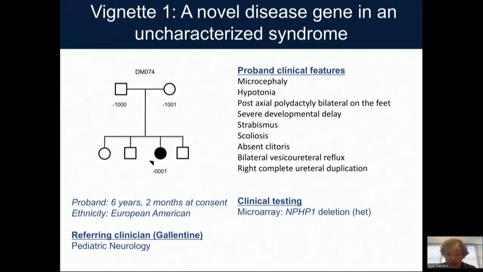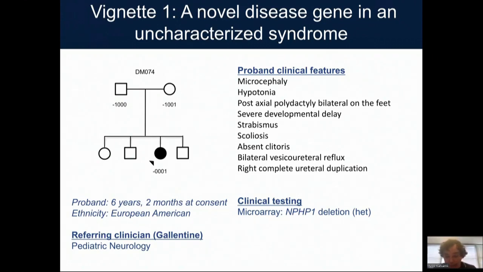We championed the idea that the earlier these families are brought to the attention of the clinical and the research community, the better it is. We can do a much better job at identifying those individuals, ushering them in the right direction. Now, in this particular case, we had microcephaly, we had hypotonia, I read the slide. And there were a number of structural renal defects.